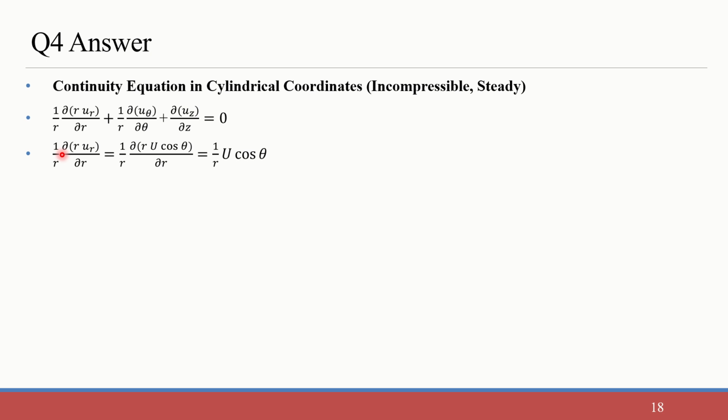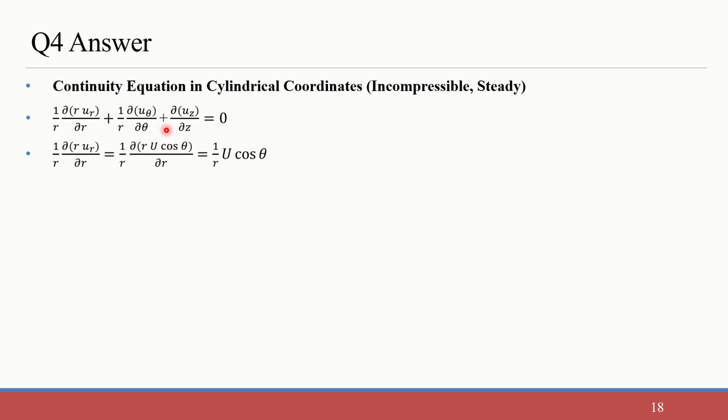So now we will take each term. First term is 1 by r of dou by dou r of r into ur. Here ur is equal to u into cos theta. So substituting it here, 1 by r into dou by dou r of r into u cos theta.